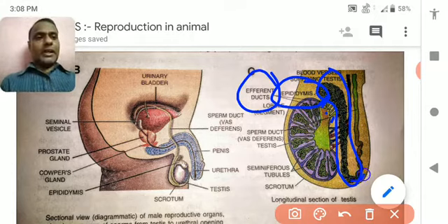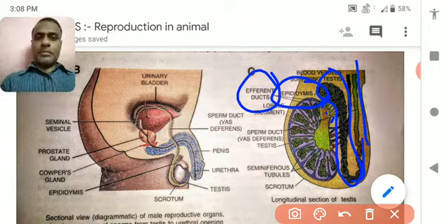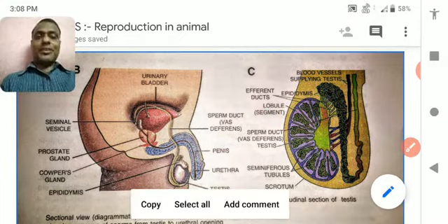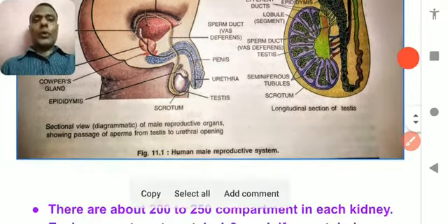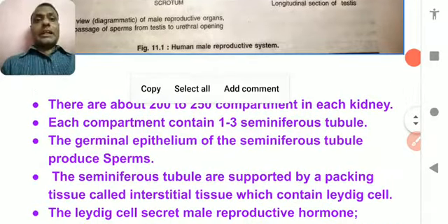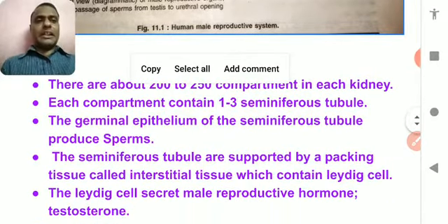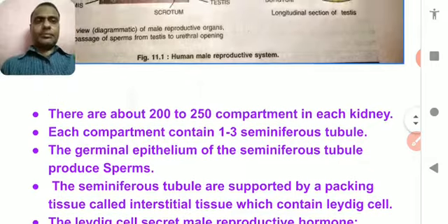Now this coil joins together to form a single duct. This duct is called the sperm duct, also called vas deferens. Hope you understand the whole topic very clearly. Now I am going to study all the lines present over here.